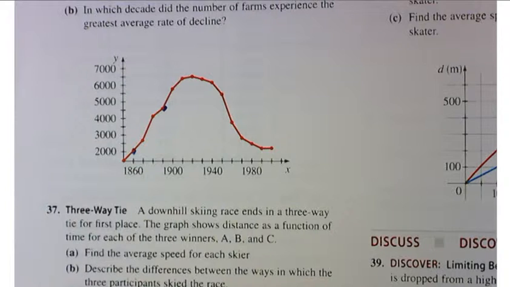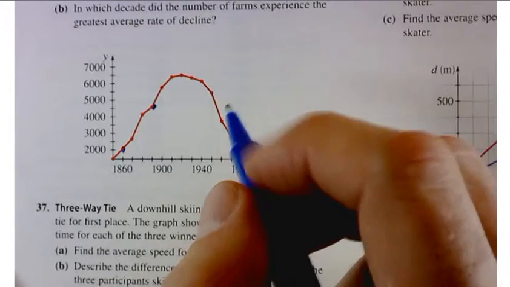On the flip side of things, they want us to estimate things between 1950, that's this one here, and 1970, that'd be that one here.